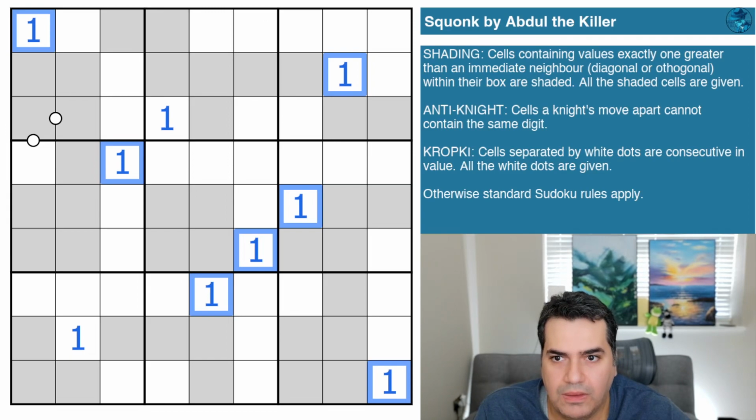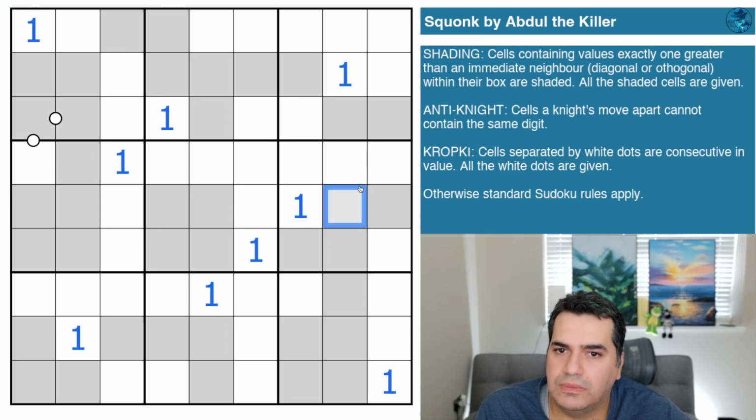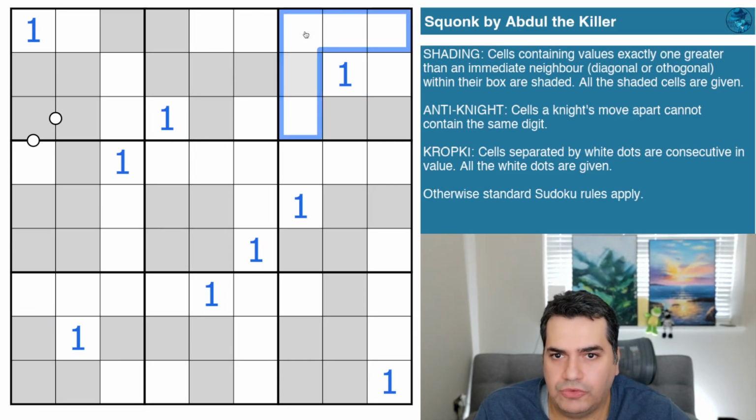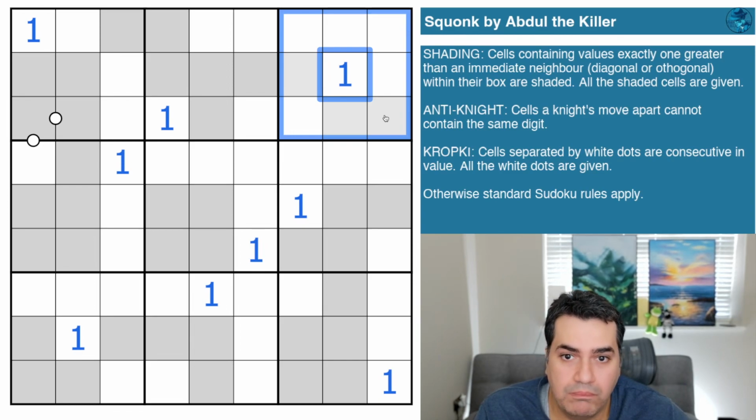I feel like we need to continue to go up from here. Now, here is another piece of logic. When ones are in the center, in the same box, the 2 absolutely will see it, and therefore the 2 must be on a gray cell.